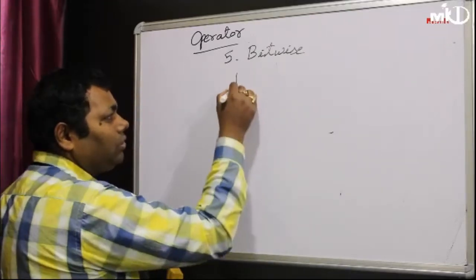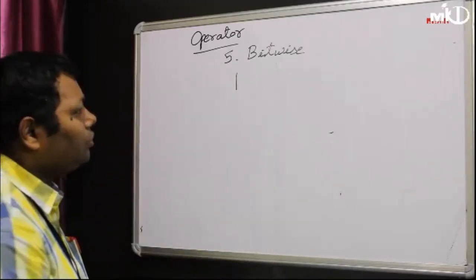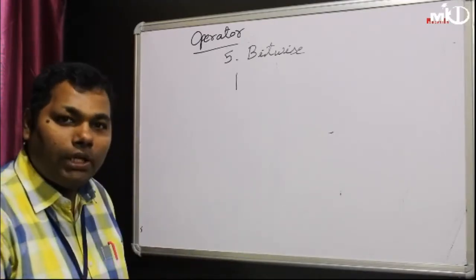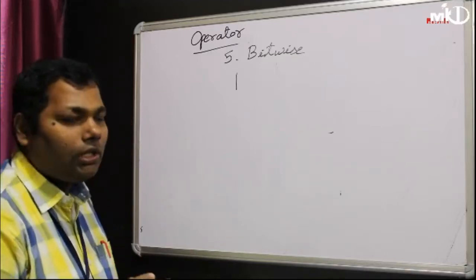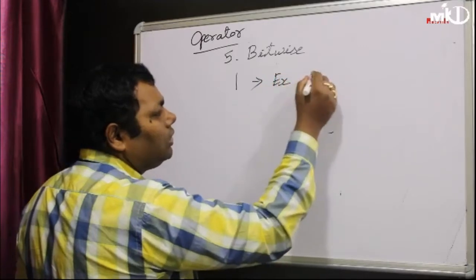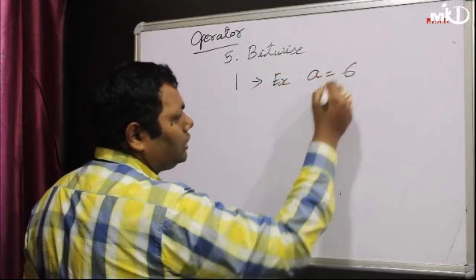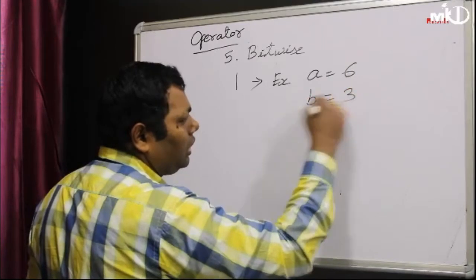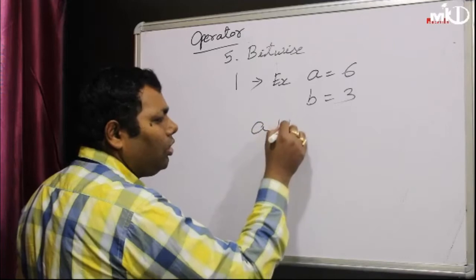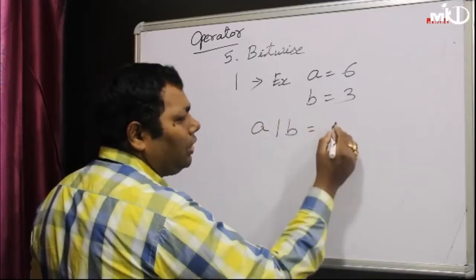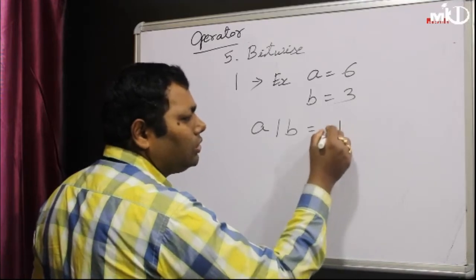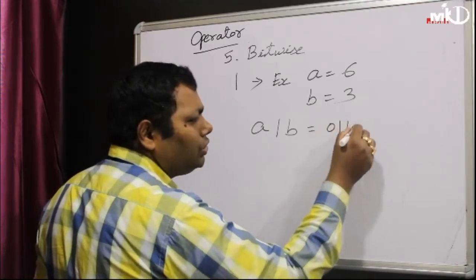Now bitwise OR. Okay, bitwise OR means it converts both operands to binary and applies the OR logic gate. For example, A equal to 6 and B equal to 3. Okay, let us apply A OR B. So A converted to binary, how much? 1 1 0.